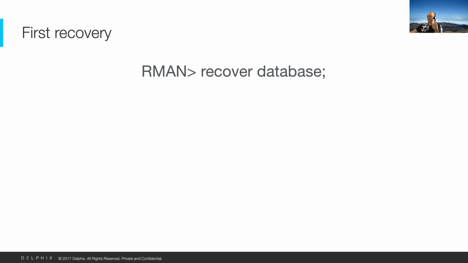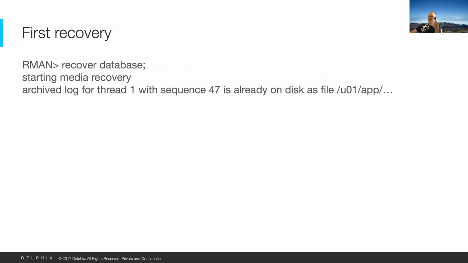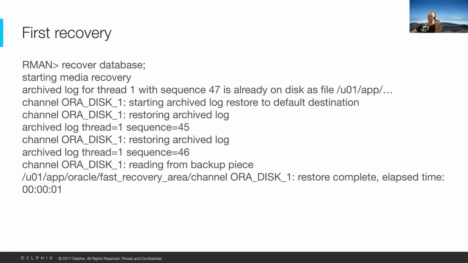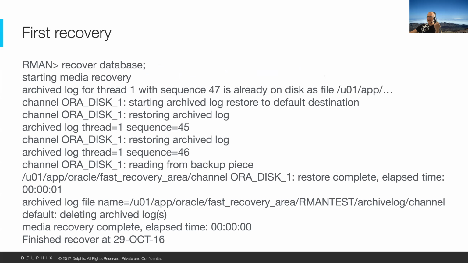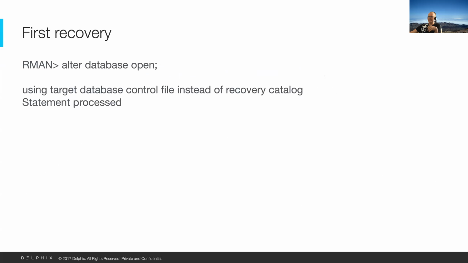You just type recover database, and again, RMAN starts looking for the archive logs we need to use for restore. Some of those files may be already on the disk because they are still there. Some of those may be restored from the backup. But again, RMAN will find this out and will do the database recovery for you. At the end, alter database open, and our database is up and running again.